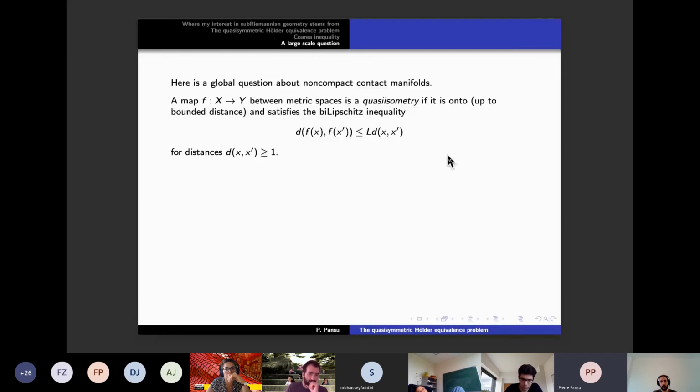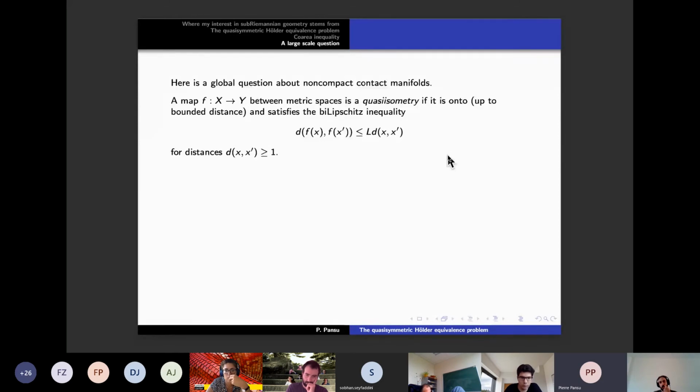They don't have the same Hausdorff dimension. So let's introduce a weakening of the notion of bi-Lipschitz, which ignores what happens at small scales. This is called quasi isometry. So a quasi isometry is a map between metric spaces, which is essentially onto, let's say, up to bounded distance, meaning that every point in the range Y sits at distance from the image of the domain less than some constant. This is what I mean by onto up to bounded distance.